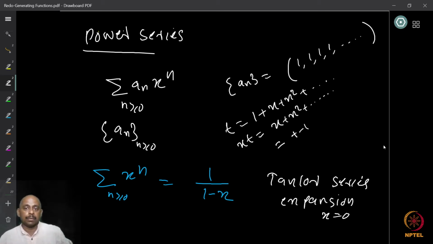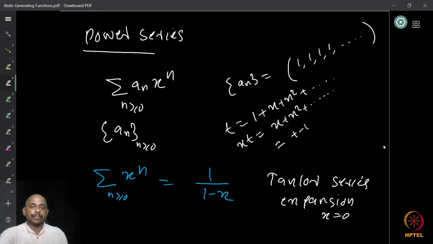So t is equal to 1 by 1 minus x. This we can find easily. So we solve for this and we get the function, a nice function. And if you take the Taylor series expansion, you can recover the series.